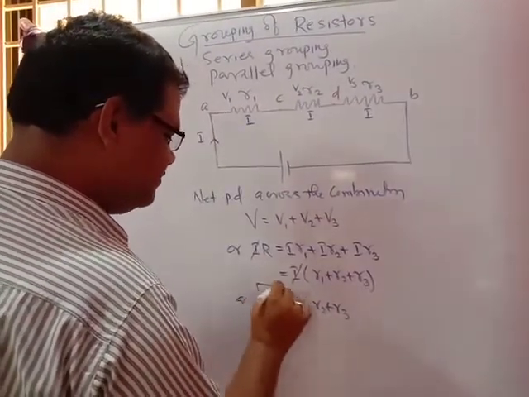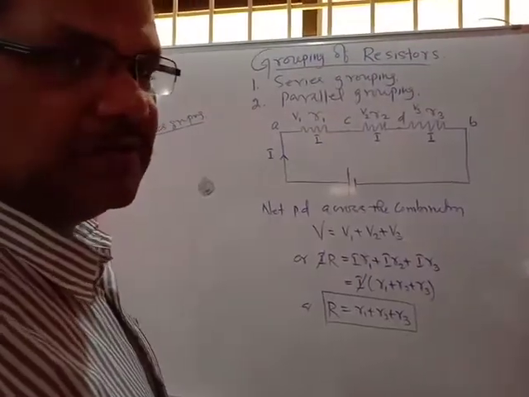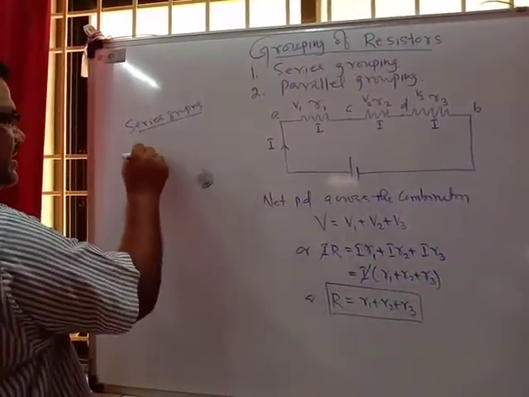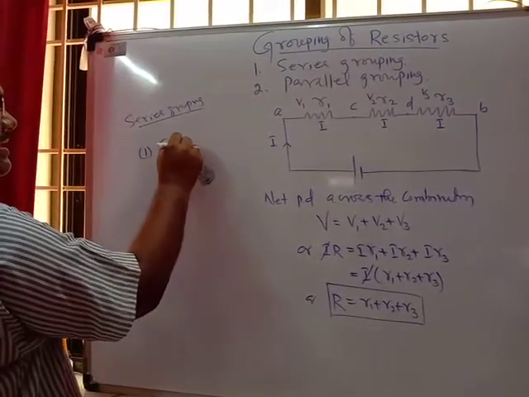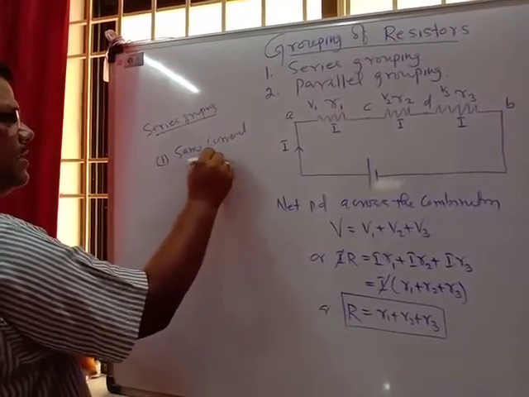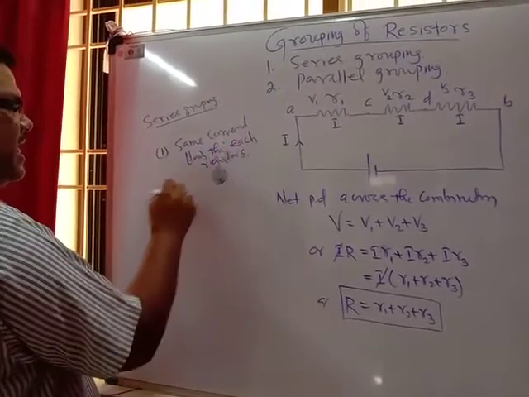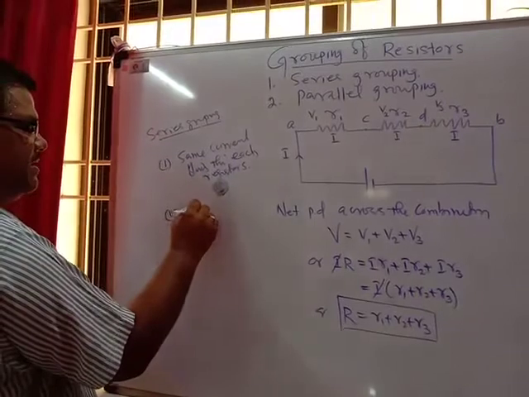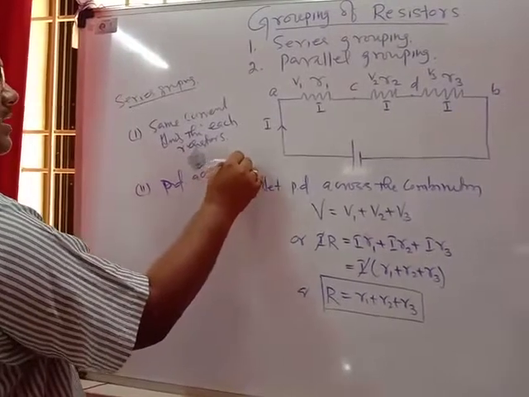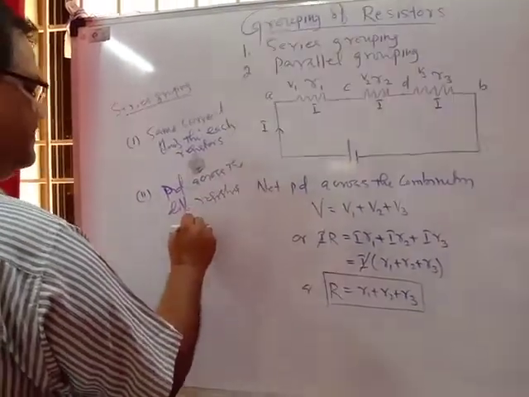So in series grouping, the equivalent resistance or net resistance of the combination is equal to the sum of the individual resistances. And two things you find here: the same current flows through each resistor, and the PD across the different resistors is different.